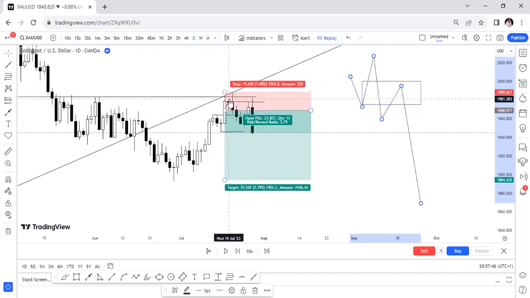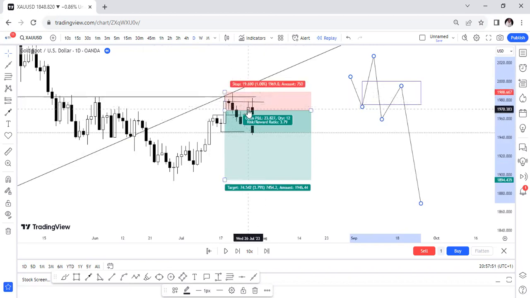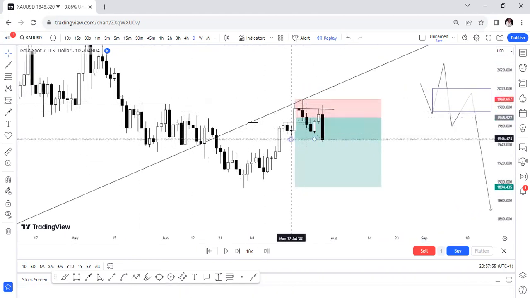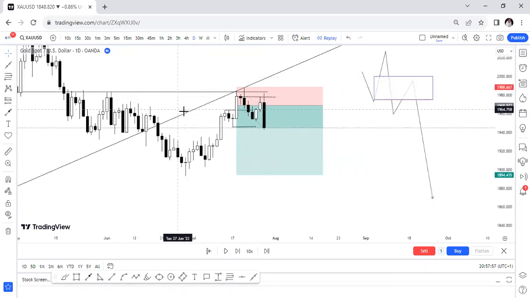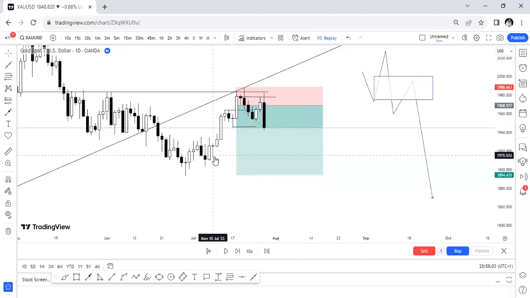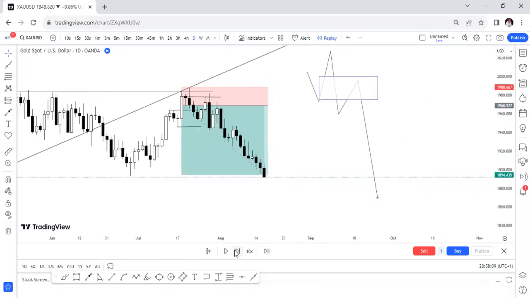So we have another KML, an internal KML, formed below this SNR, below the support area. That's strong broken support, and it forms below it, the new resistance. So you want to see more sales downward. Big one.